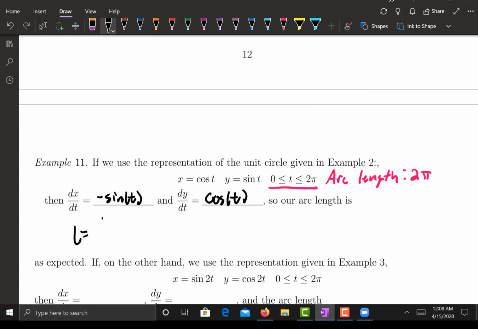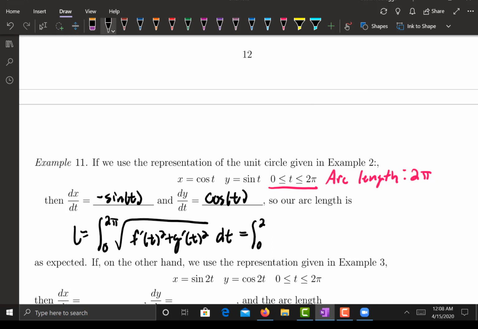Using our equation for arc length, that will be the integral from 0 to 2 pi of the square root of f prime of t squared plus g prime of t squared dt, which is the integral from 0 to 2 pi of the square root of negative sine of t squared, but because that's all squared, that transforms to sine squared of t plus cosine squared of t.